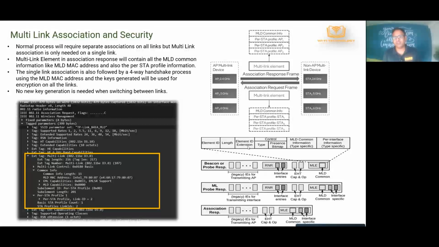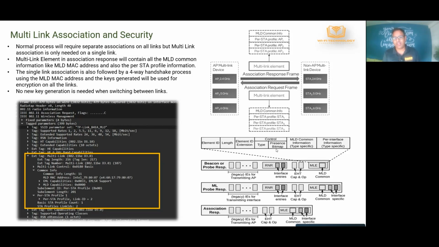It will have all the details regarding the multi-link operation at the MAC layer. It has information about all the stations that are participating in the MLO operation, and about all the radios and their respective SSIDs, so that the station can know what the capabilities of the AP are when it comes to MLO, right?